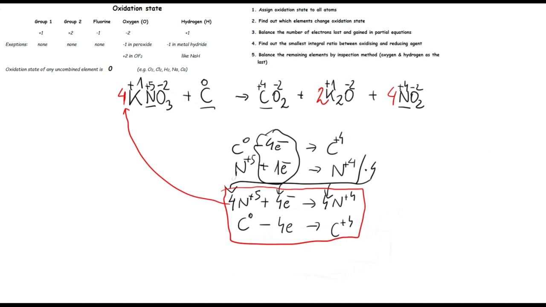So we have a 4 here on the right side and 4 on the left side. And now the last element is oxygen. Here we have 12 atoms of oxygen on the left side, and here we have 2 plus 2 is 4, 8, and 12 as well, and the equation is balanced.